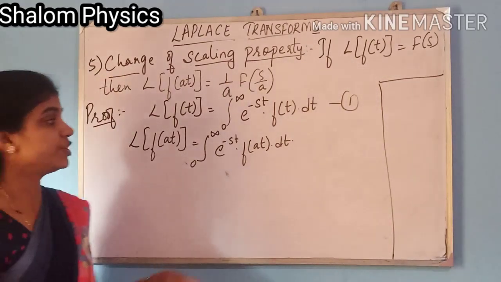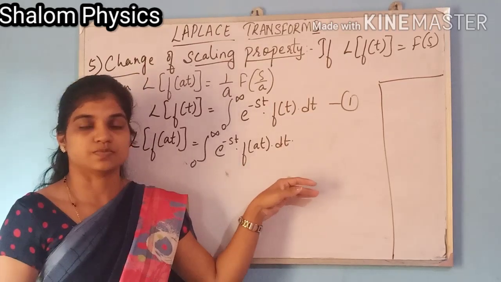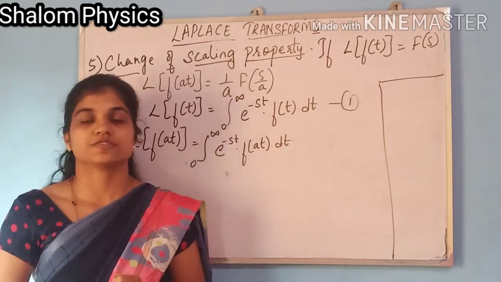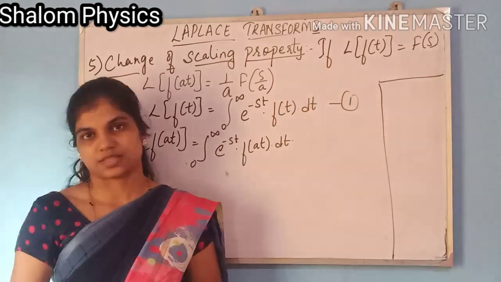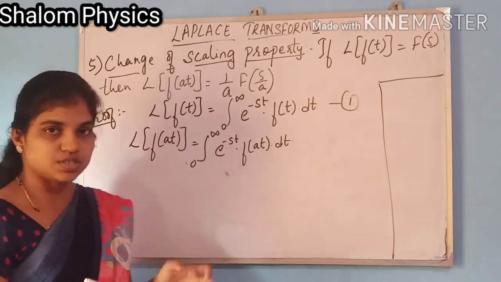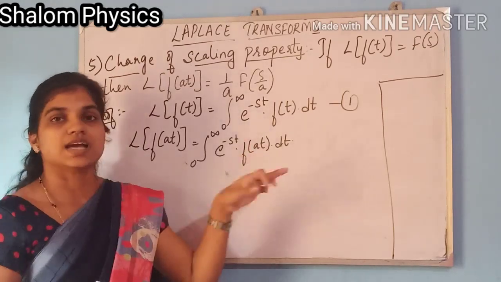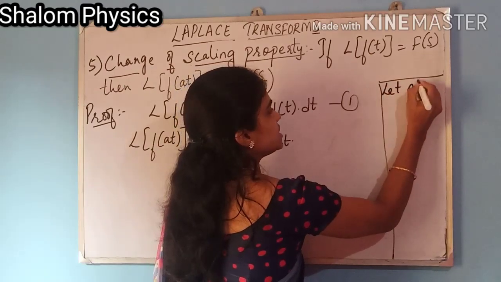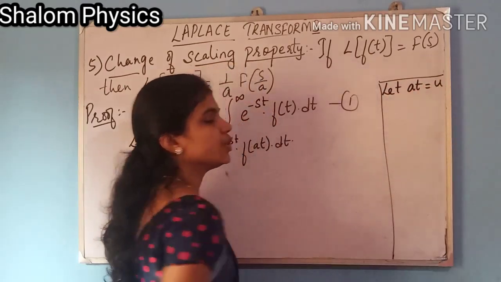So in mathematics, when we fall into such problems, the first help we get is from the substitution method. So what are we going to do? We're going to substitute at as u. So let at equal u.